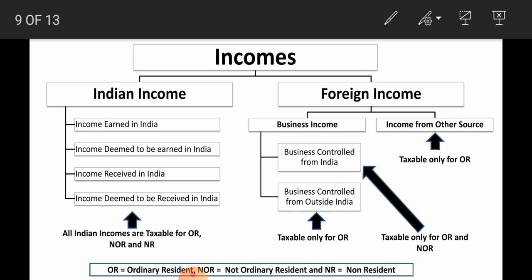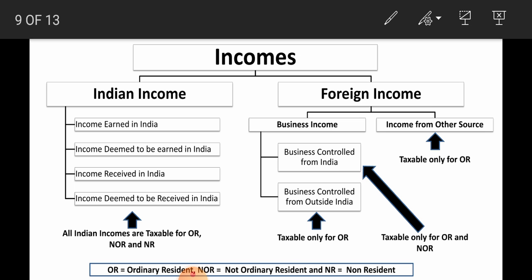Like you can take another example where the individual has been employed by the central government in India, but he received this income outside India. He has been employed by the central government of India, but has received the income outside India. Then here the income will be taken as deemed to be received in India.